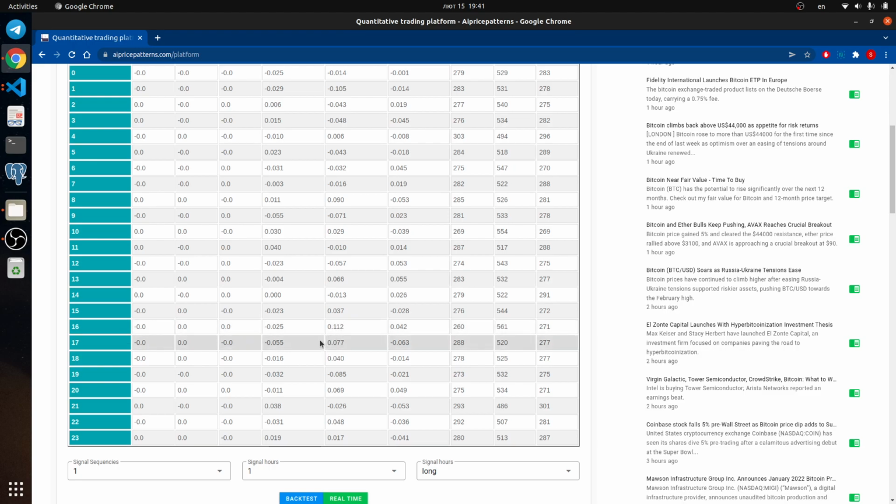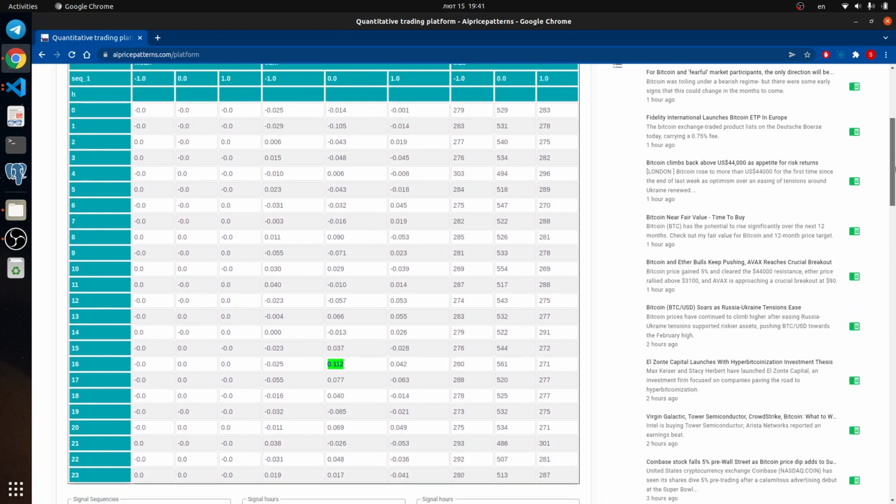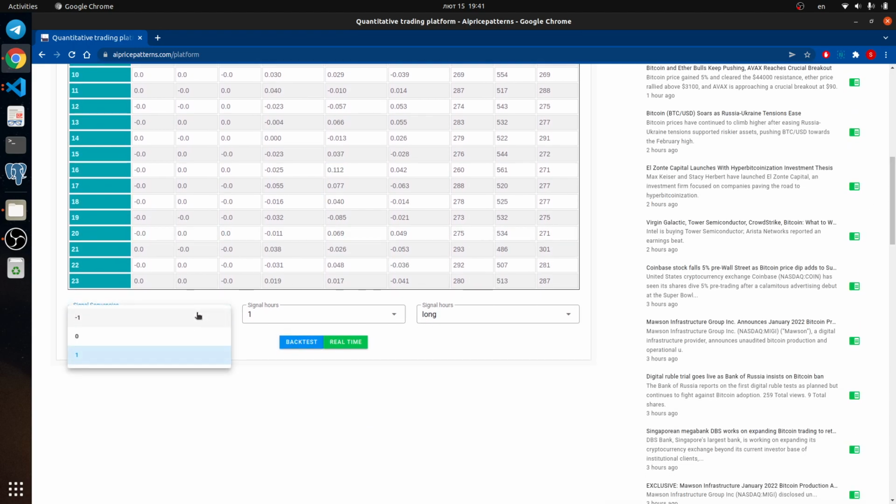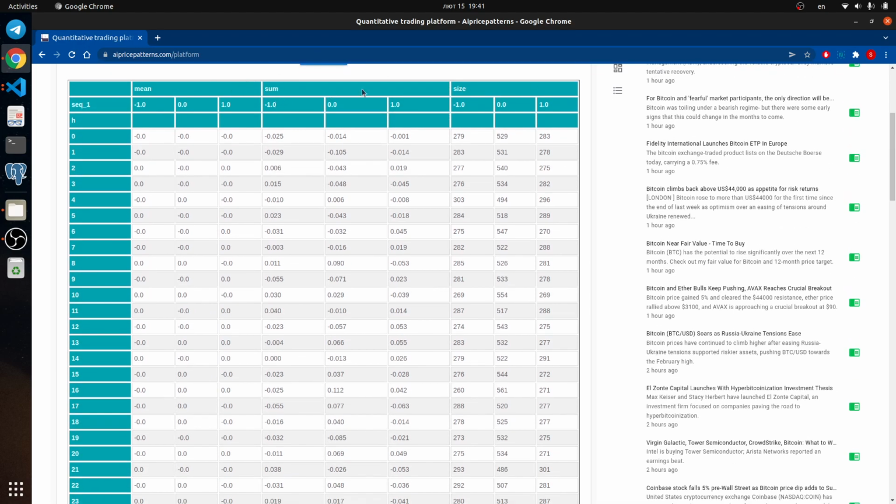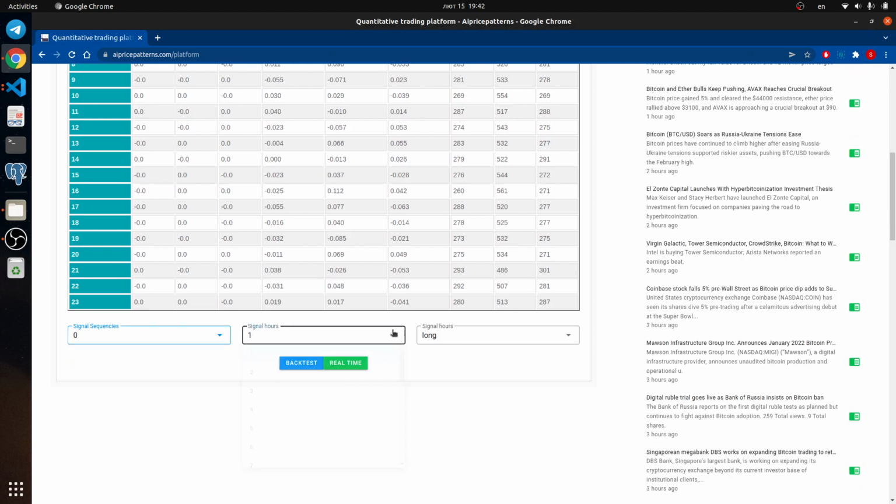And let's see, for example, we should find the best value. In our case, I'm interested in doing research for 16 hours. Let's see what happens if we trade this situation. And I would like to create some signal when we haven't any sequences, like this, because we have this 0. Okay, and the signal hour would be 16.